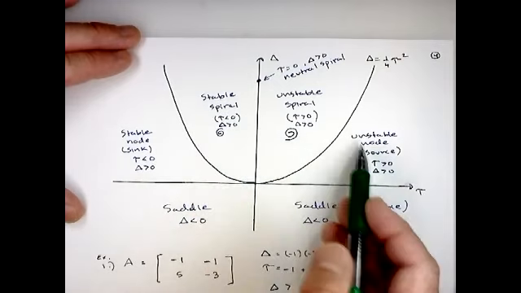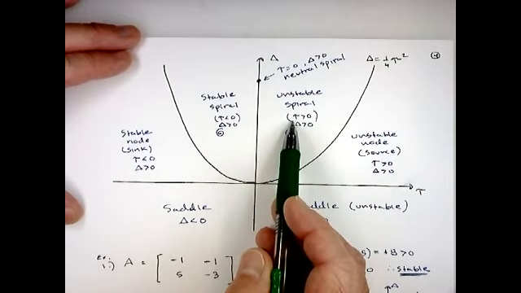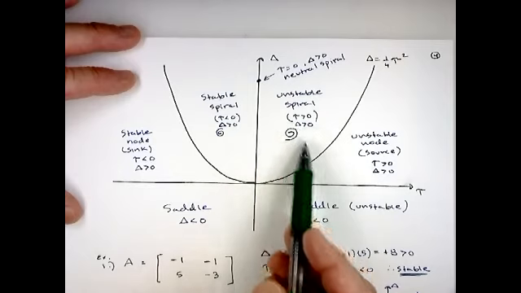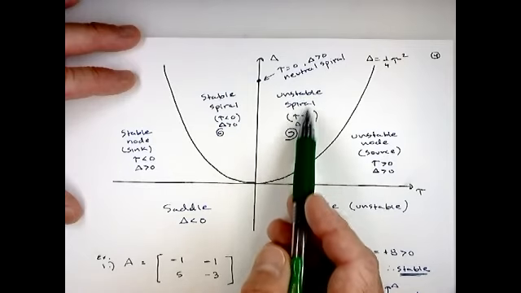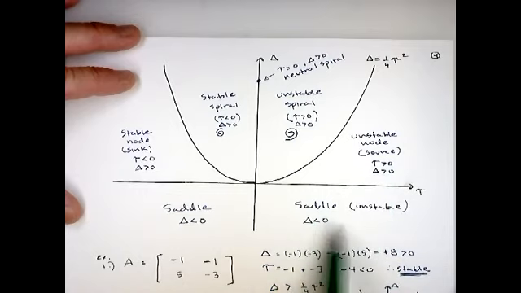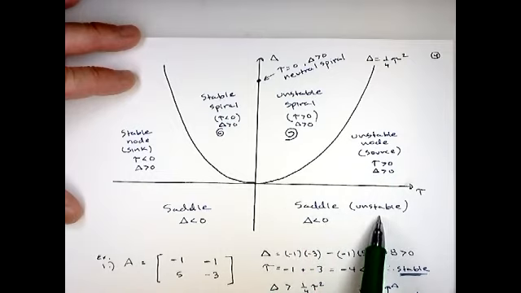Likewise, if your trace is positive, it could be an unstable spiral, it could be a node, and even if your determinant's negative, if your trace is positive, that would be a saddle, which is considered unstable.